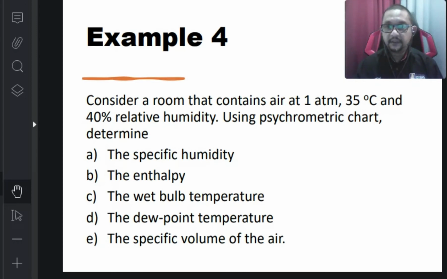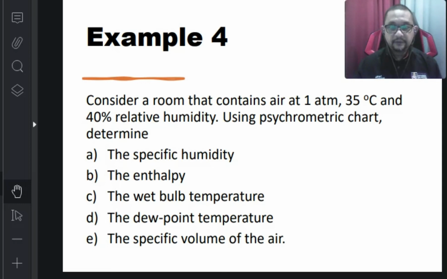Using a psychrometric chart, determine A, the specific humidity, B, the enthalpy, C, the wet bulb temperature, D, the dew point temperature, and E, the specific volume of the air.